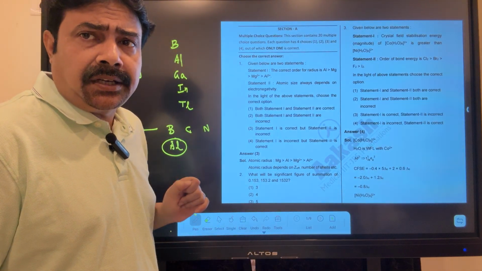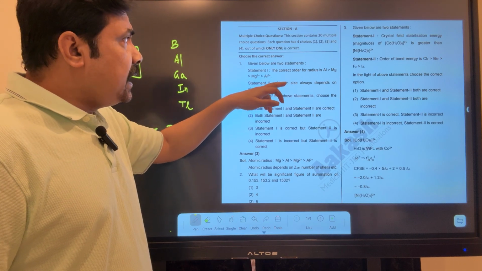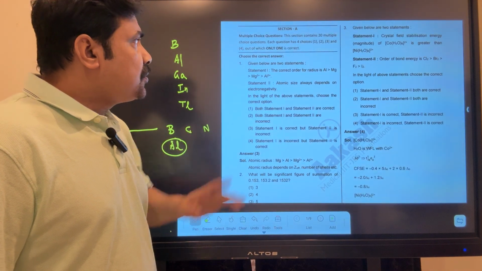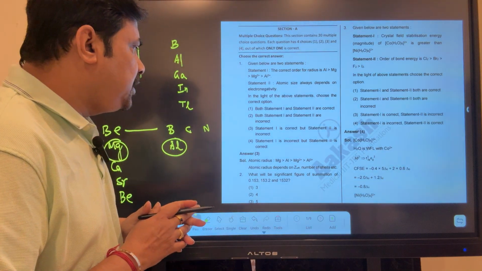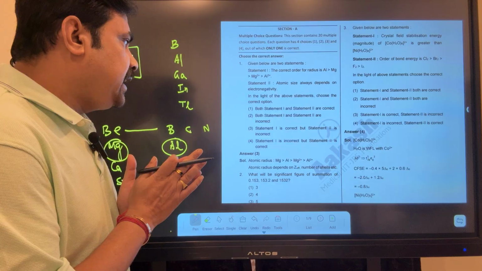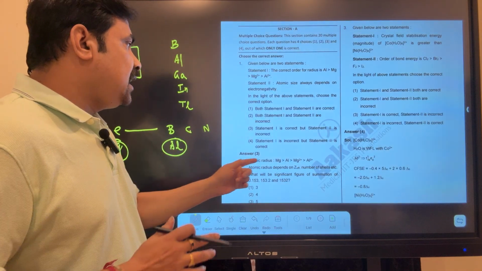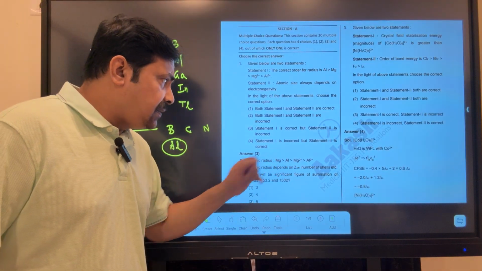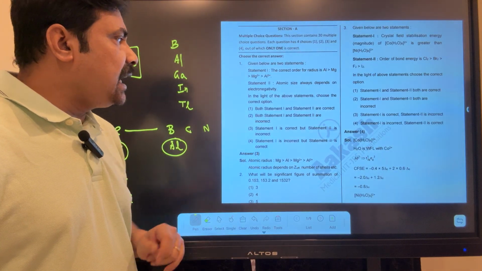otherwise it is not. That's why, if it is aluminum greater than magnesium, the correct order of radius, the idea is left to right size will decrease as Z star effective increases. So atomic radius: magnesium is greater than aluminum. You look here also, magnesium is greater than aluminum, is greater than magnesium plus 2, is greater than aluminum plus 3.